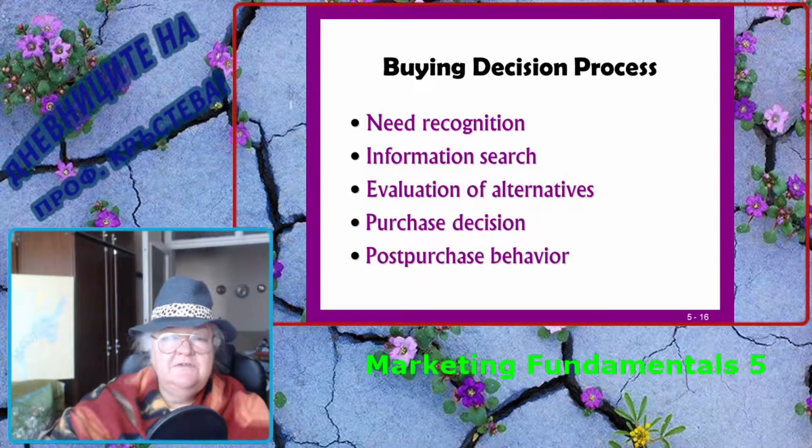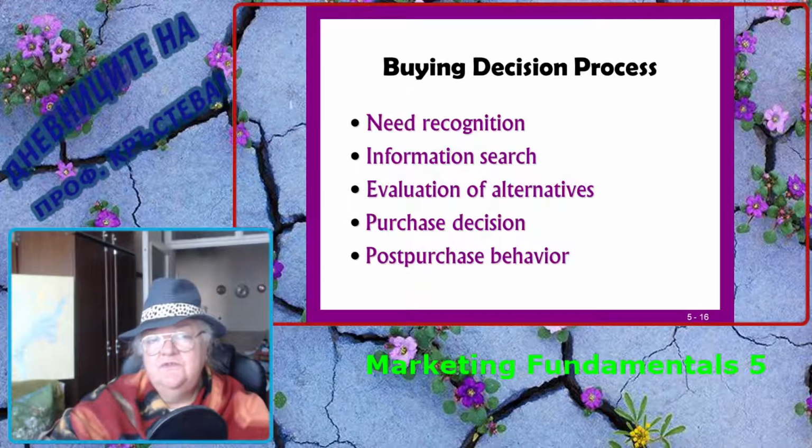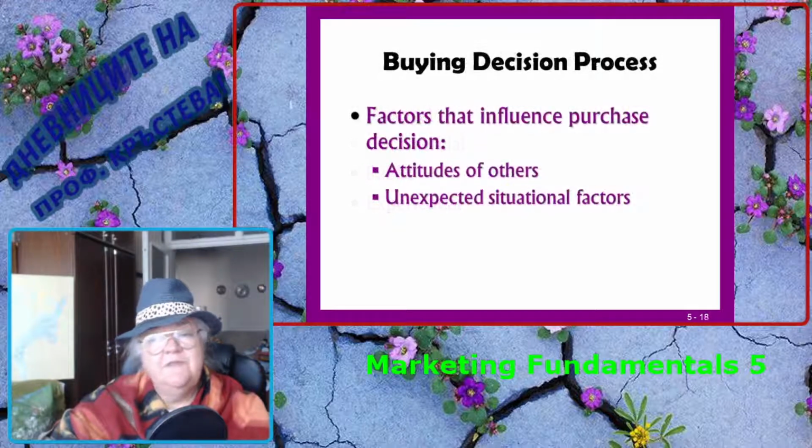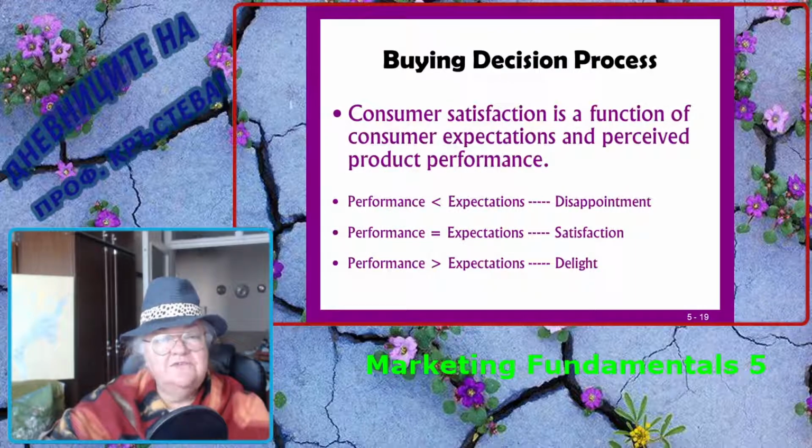Which are the steps in the buying decision process? First comes need recognition, next information search, evaluation of alternatives, purchase decision, and post-purchase behavior. There are several sources of information: personal, commercial, public, and experiential. The buying decision process contains factors that influence the purchase decision, like attitudes of others and unexpected situational factors.